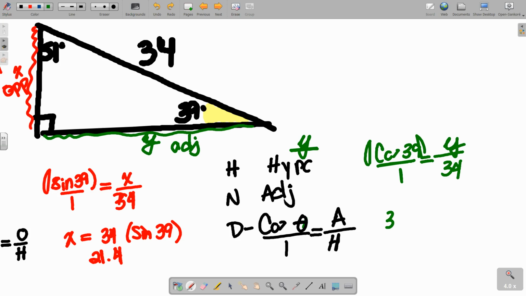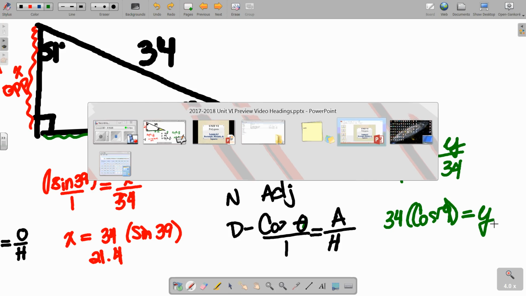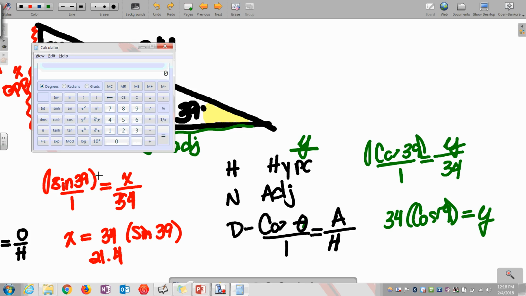Cross multiply. So 34 times cosine 39 is going to equal y. Once again, you get your calculators out. And I get 26.42.